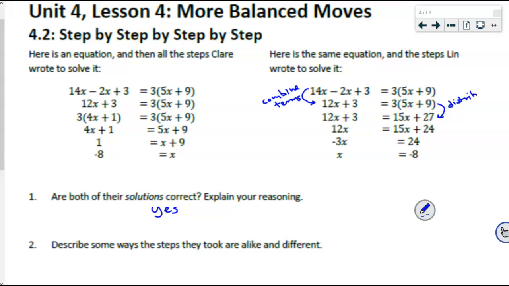They distribute, which is part of simplifying. And then how do they go from this row to this row? What are they doing? I cannot see whose hand that is. Dexton. Yep, they subtracted 3 from each side. Which is not the way I like. I like moving the X's around first, but it's okay if you do that.